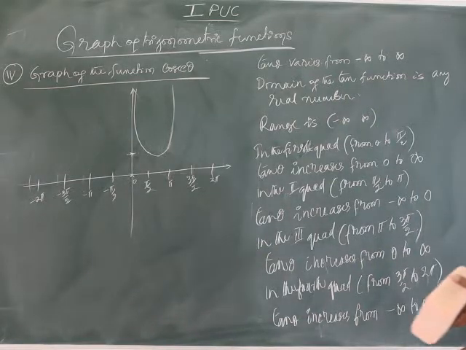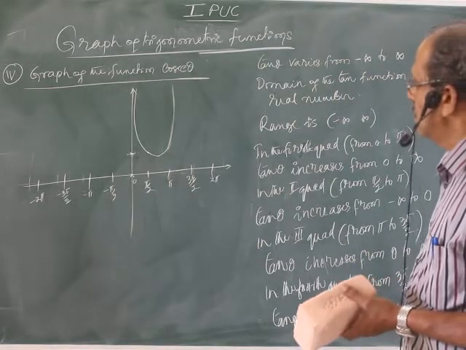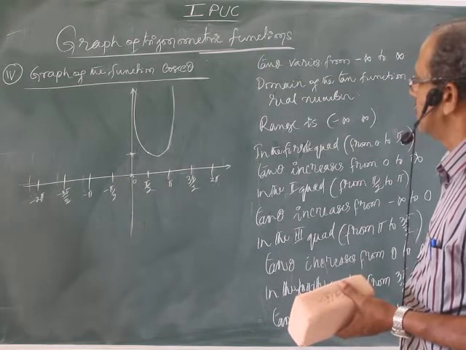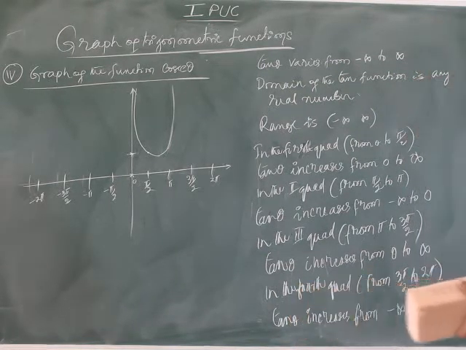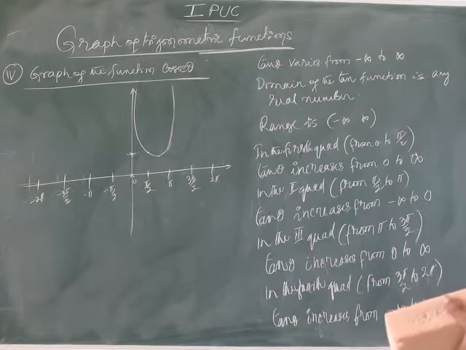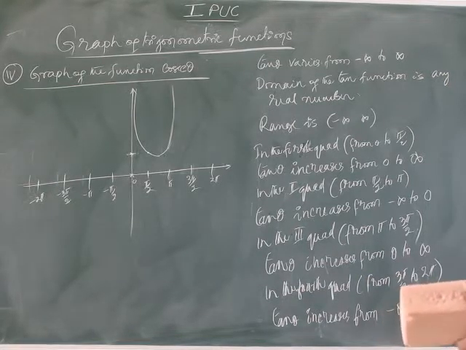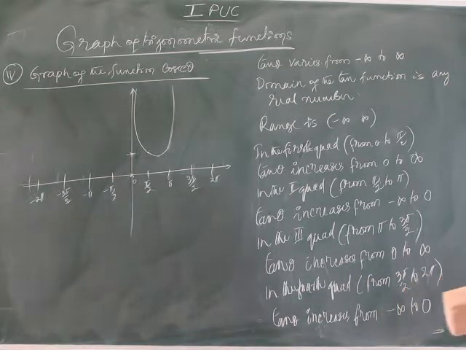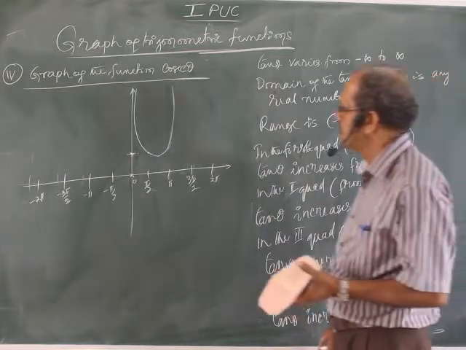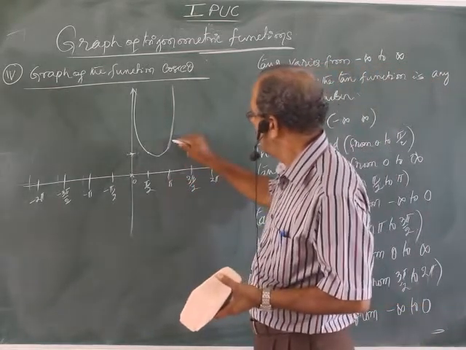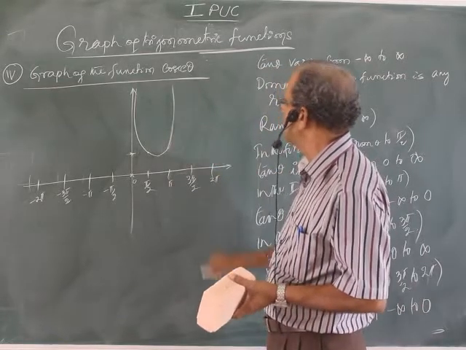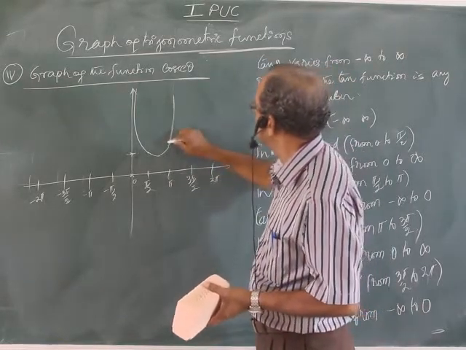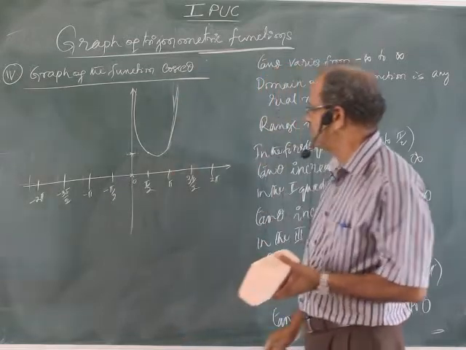Cosecant 0, infinity. Cosecant 90 degree, 1. Cosecant 135, root 2, means 1 point something. Cosecant 180, sin 180 is 0, cosecant infinity again. So this is the branch.